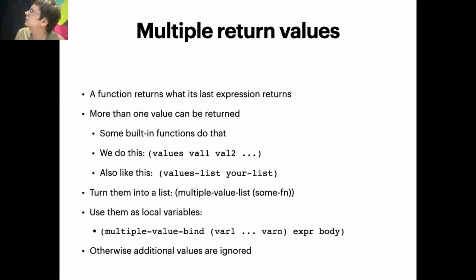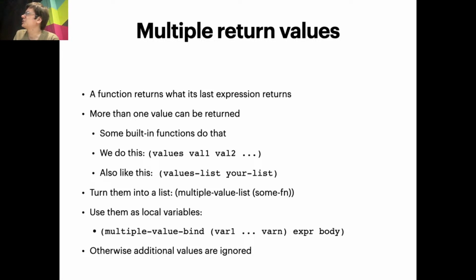So then we can have multiple return values of a function. We can specify a function that returns more than one value, which is not a very common feature in programming languages.